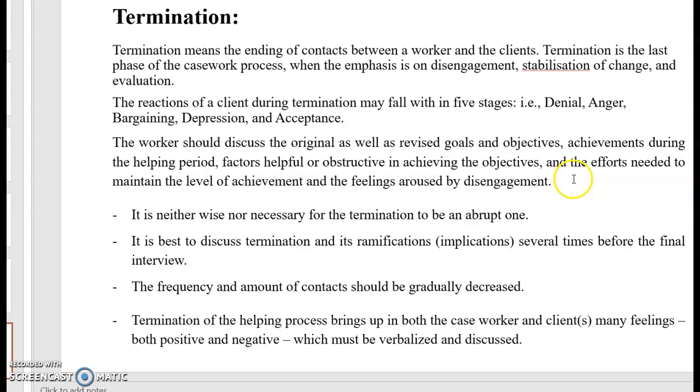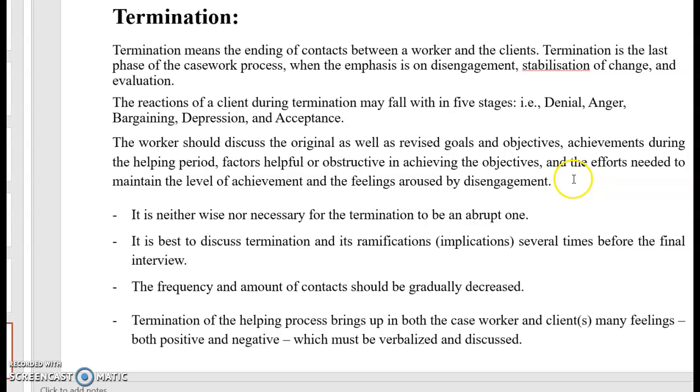Then sometimes the client may generate anxiety, anger. No, how come? The client may burst out: no, no, no, you are not expected to leave me in this situation. Because of his or her emotion, the client may show anxiety to you.